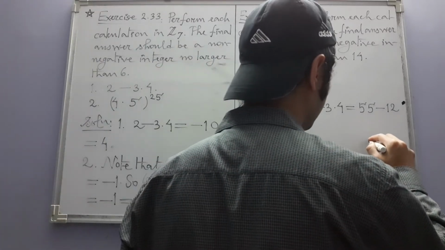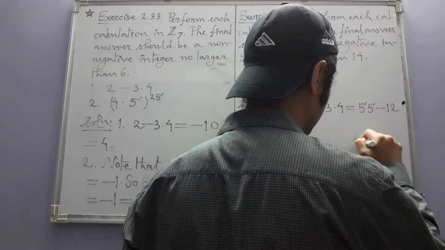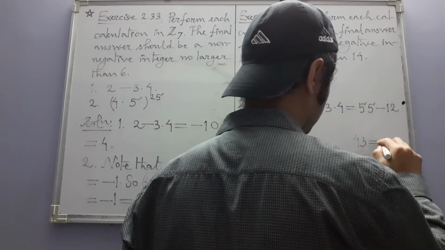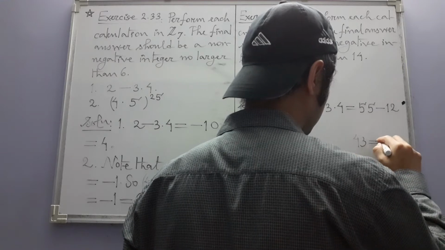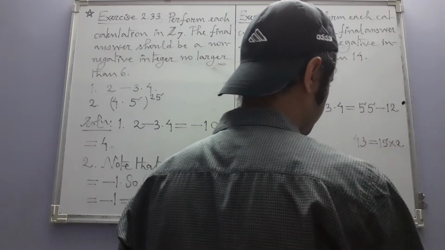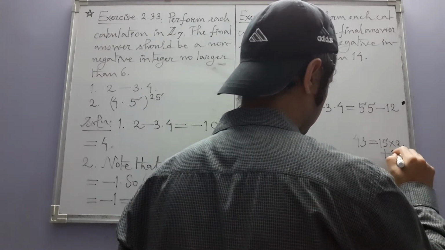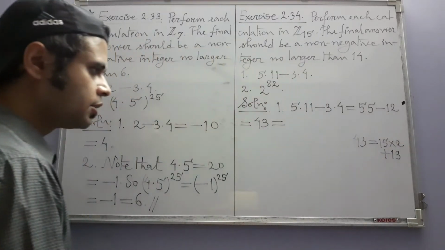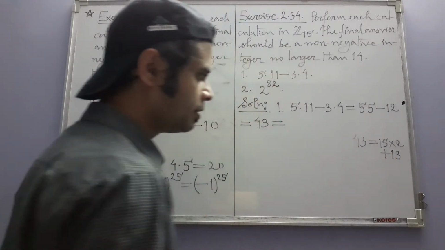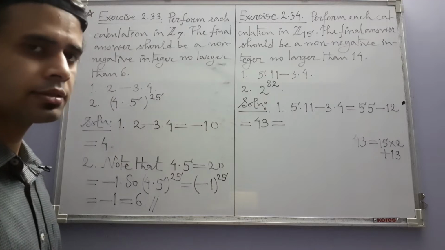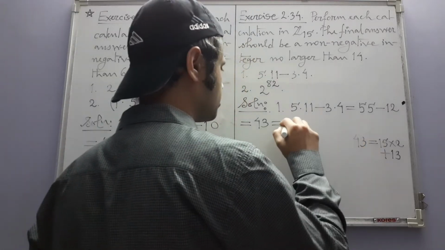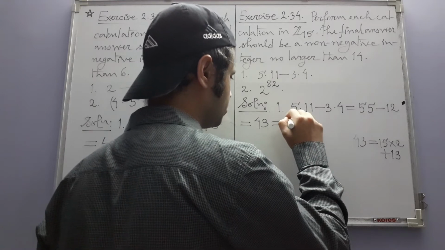If we divide 43 by 15, we get 30 plus 13. 13 is a non-negative integer less than 15. So this is equal to 13.